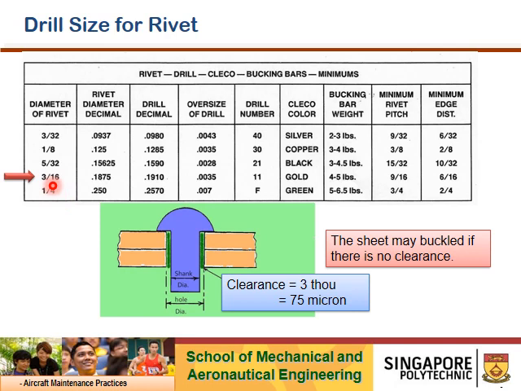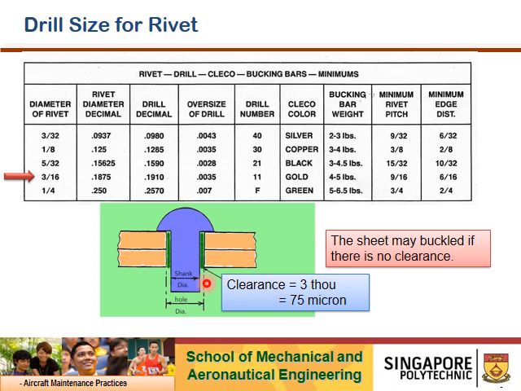If I want to install a 3/16 diameter rivet, and you tell the tool store guy, I need a 3/16 drill bit, he will give you a 3/16 drill bit, which will give you a 0.1875 inch hole, plus or minus. And your rivet shank is actually 0.175. Do you think that you are able to install the rivet into the 0.1875 inch diameter hole?